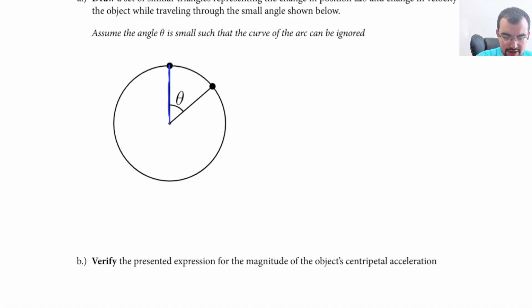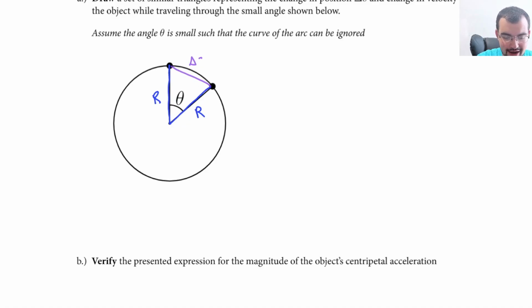Since we're moving in a circle, we definitely know that the radius is constant, and it's going to be r in both of these cases. Then the change in the object's position is roughly equal to this straight line. Notice it's not a straight line on the circle right now, and that's okay because it looks curved since we have a pretty significant angle in there.